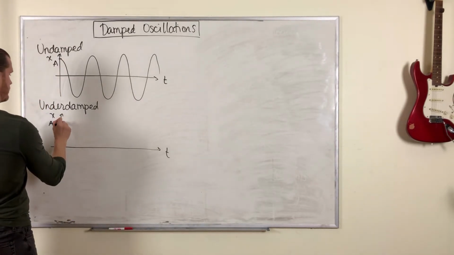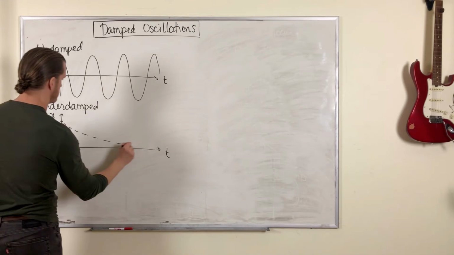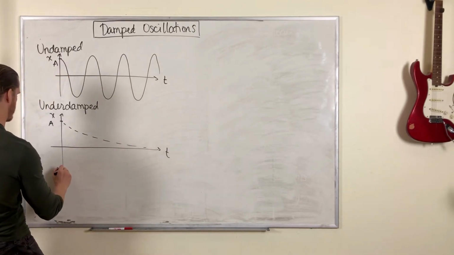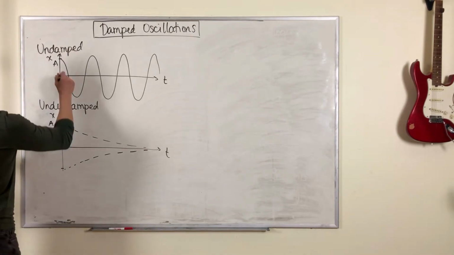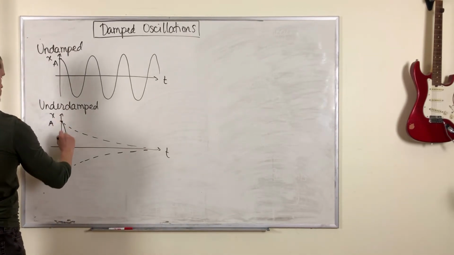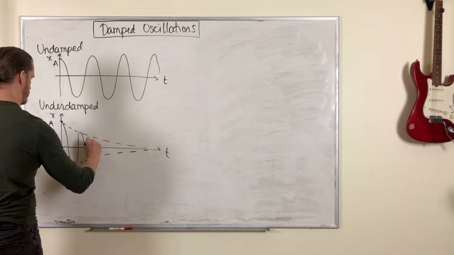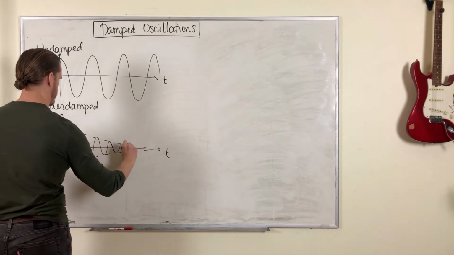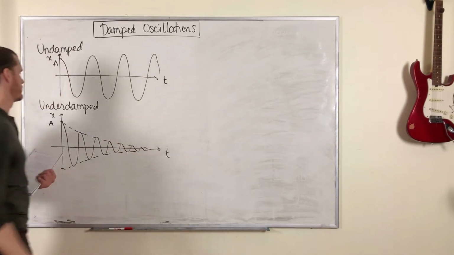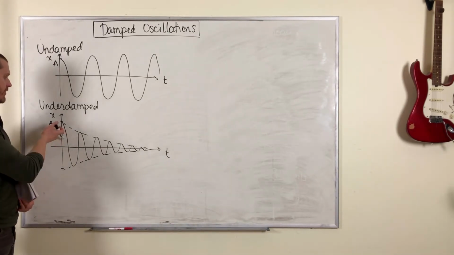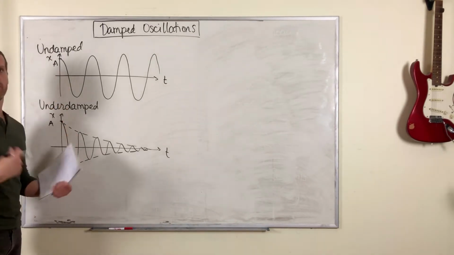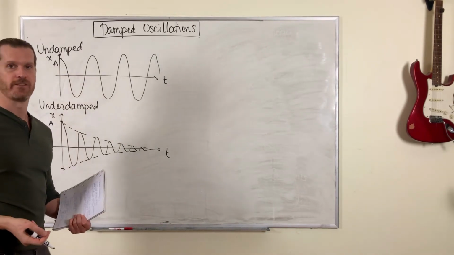So you have an exponential decay of your amplitude. It looks like that. So this is because with each cycle of motion, you're losing some energy due to friction.